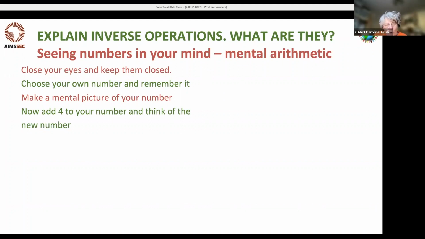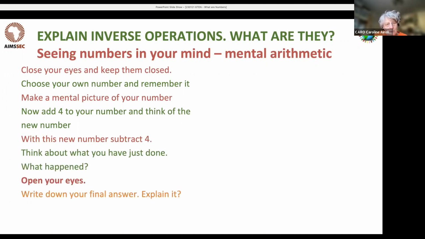Now add 4 to your number and think now of the new number. Take the new number and subtract 4. Now think about what you've just done. What happened? Reflect on it for a moment. Now open your eyes and write down your final answer.